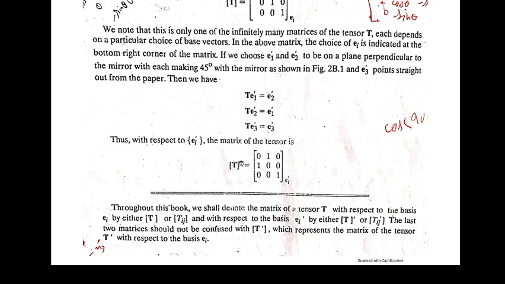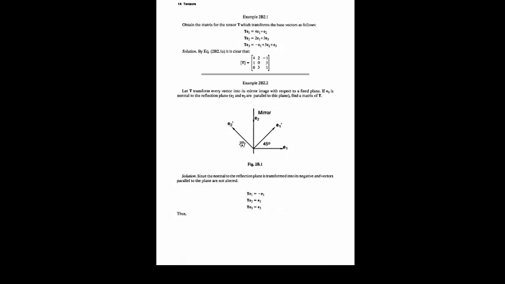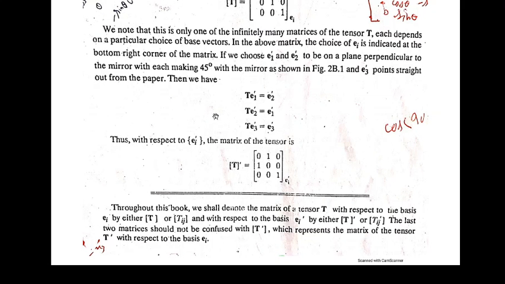So this is the matrix of tensor T with basis Ei dash. Here we have the mirror in this way, and E1 dash and E2 dash make a 45 degree angle with this mirror.